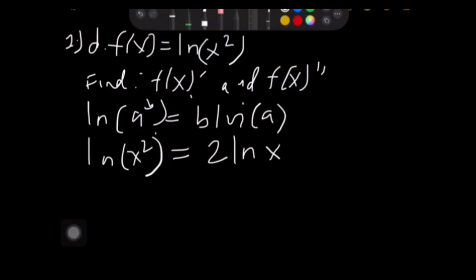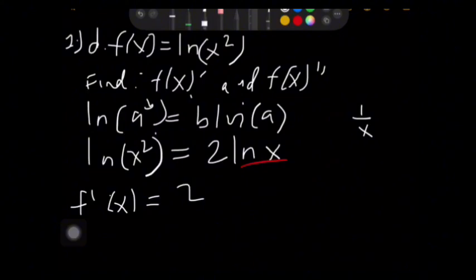So let us derive. Note that the derivative of ln x is 1 over x. So f prime of x is just equal to 2 over x, just 2 multiplied to 1 over x.